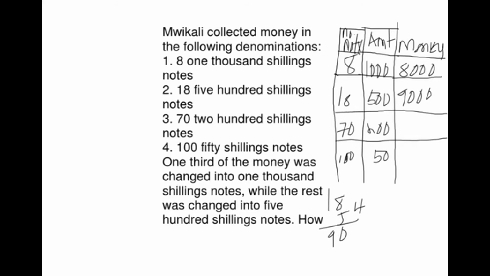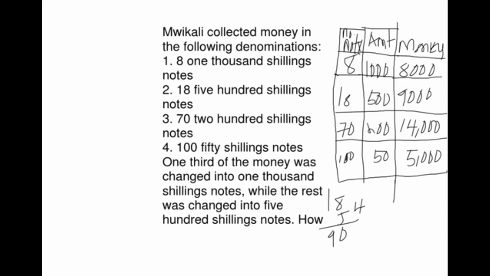Then we have 70 times 200. 7 times 2 is 14, so we have 14,000. Then we have 100 times 50, which is 5,000. So let's find the total amount of money.